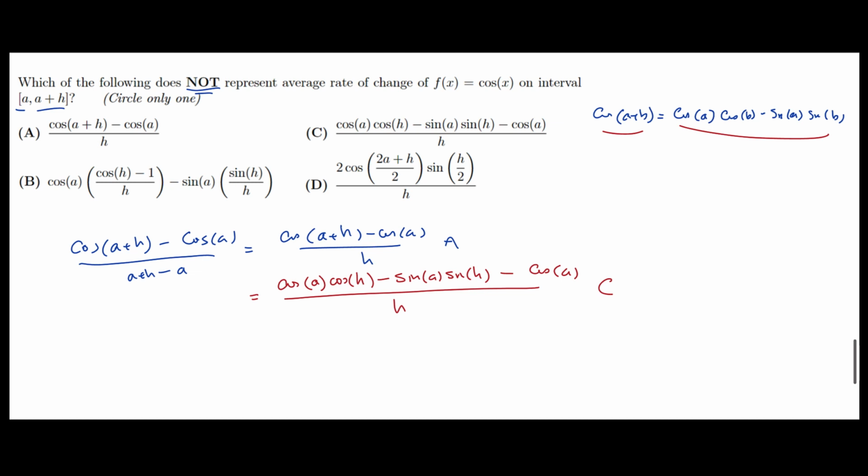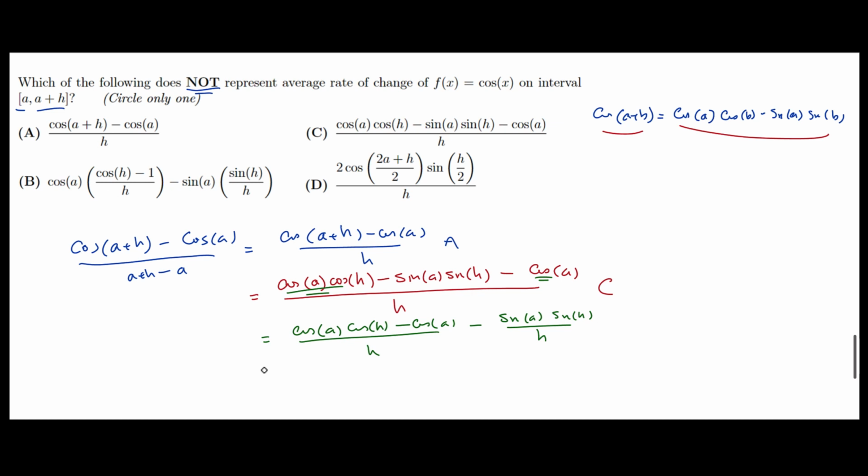The last thing is that I notice that cosine of a is appearing in these two terms, so I'm putting it together. Cosine of a cosine of h minus cosine of a divided by h, minus sine of a sine of h divided by h.